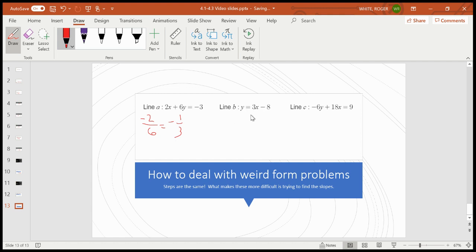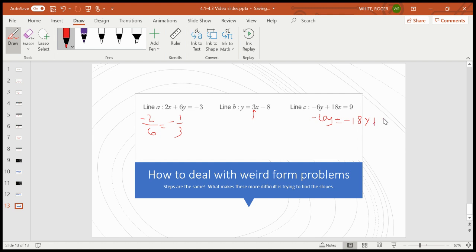All right, in line B, this is in slope-intercept form, so we would have our slope here. And in this case, this is almost in standard form, but say we're not comfortable with standard form, we're going to make it into slope-intercept form. So what I'm going to do is take this 18x and move it over, and that's going to become a -18x plus 9.